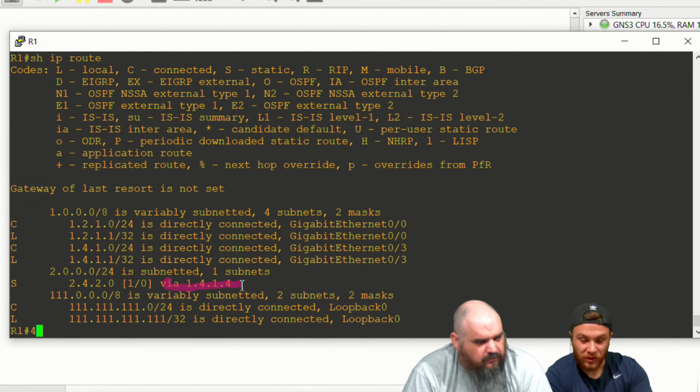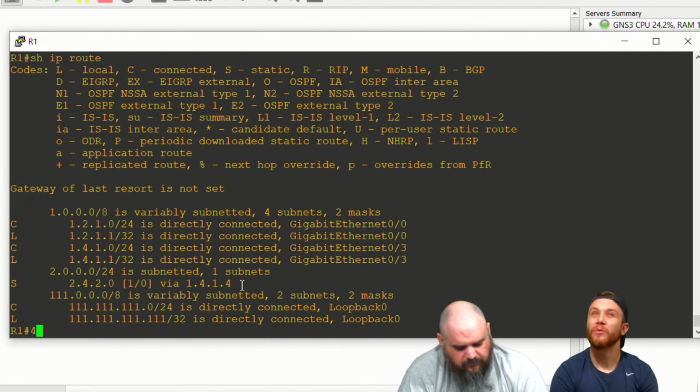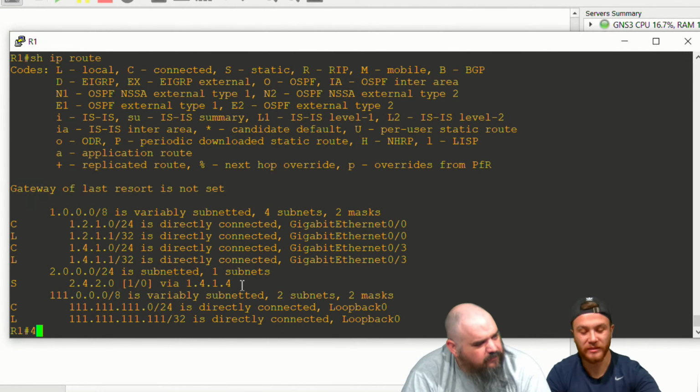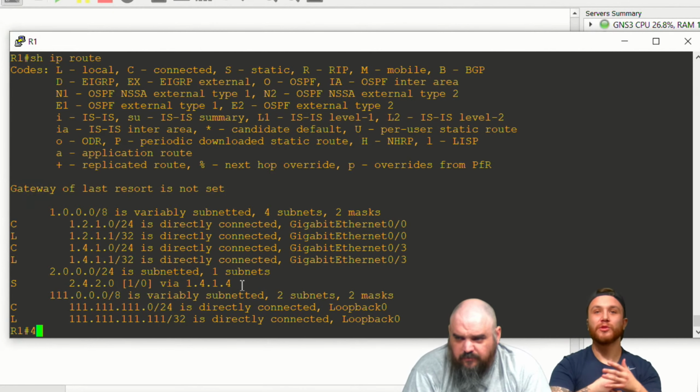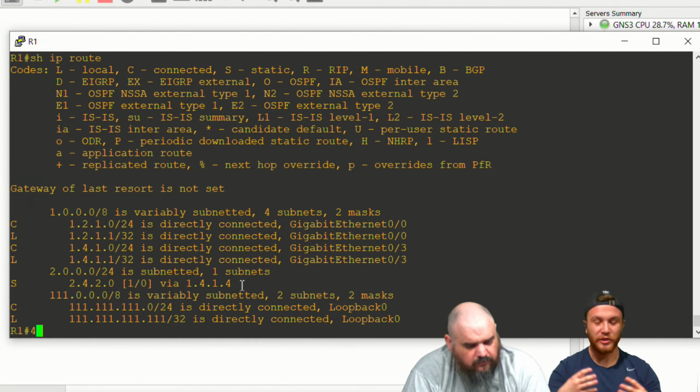And then the administrative distance. Okay, that's kind of something we have to talk about. I don't really have the picture pulled up, but let's imagine this. You're a router. How do you trust different routing protocols and different methods of learning a route, right? You define a cost to it. The cost is defined internally.